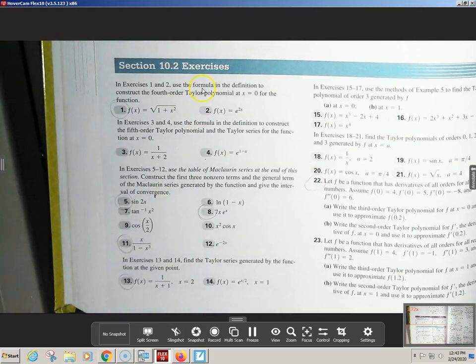What does the first section say? Should we know how to do this? Yeah. Wait a minute. I have to find f prime, f double prime, f triple prime? Maybe. Maybe not. Can you figure out how to do a square root of 1 plus x squared? Now, it'd be nice if I would have given you that one.